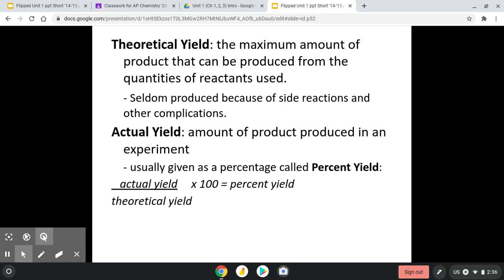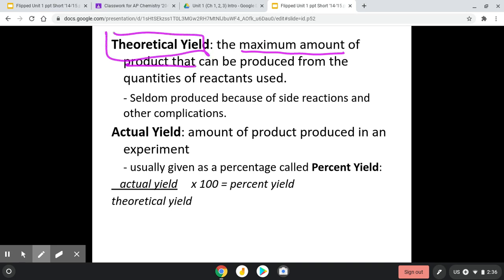Okay, so again, just one more time, it's the maximum amount of product that can be formed. So when you're calculating theoretical yield, you have to start from the limiting reactant.